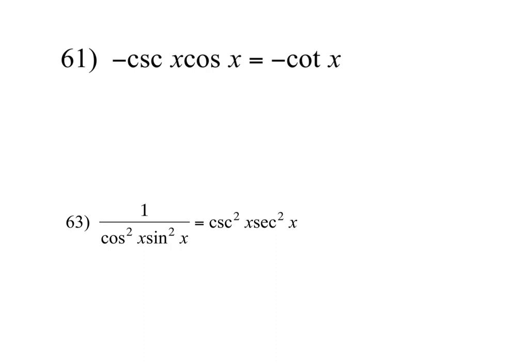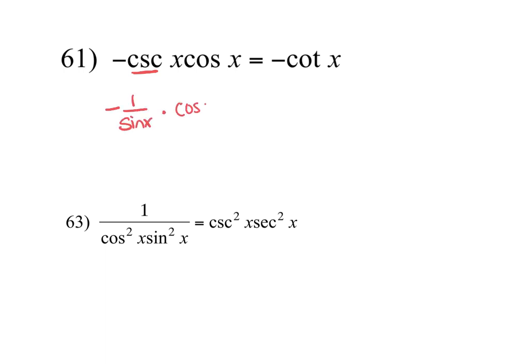We're trying to prove that these equal negative cotangent squared. When in doubt, the left side's more difficult than the right, so leave the right side alone and break the left side into sine and cosine. So cosecant, how would I write that as sine or cosine? 1 over what? Yeah, so negative 1 over sine times cosine.